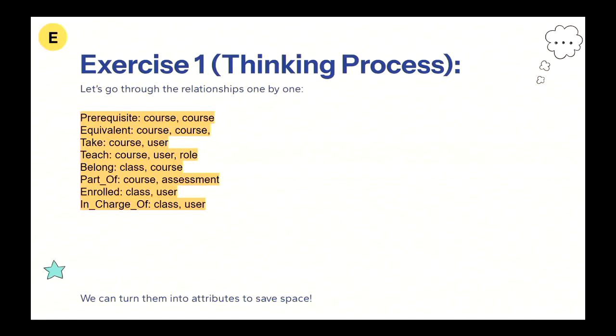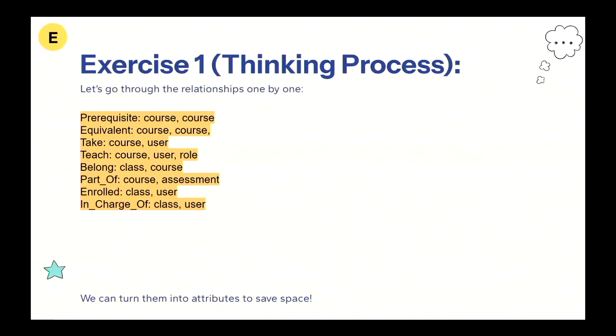A course could be a prerequisite for many courses, and a course can have many courses as its prerequisites. If this relation is many to many, we better not put them as an attribute, because if we are doing a table, we need to create multiple rows if we want to put them into one table. So we better not merge them together.